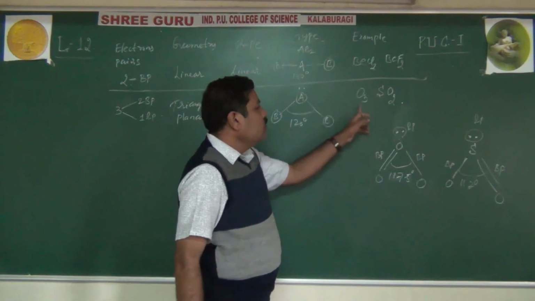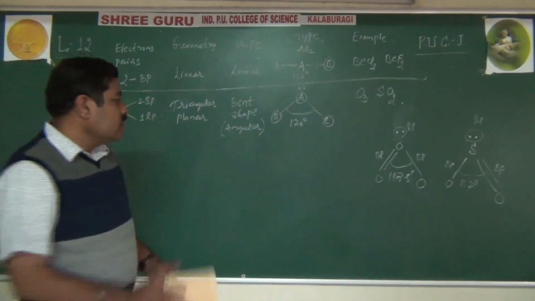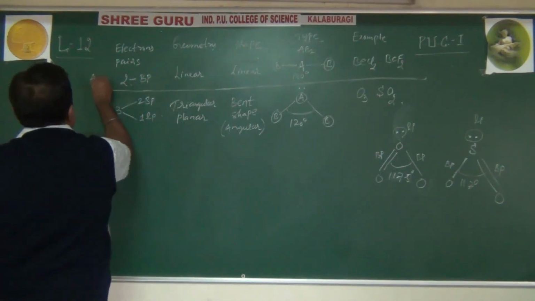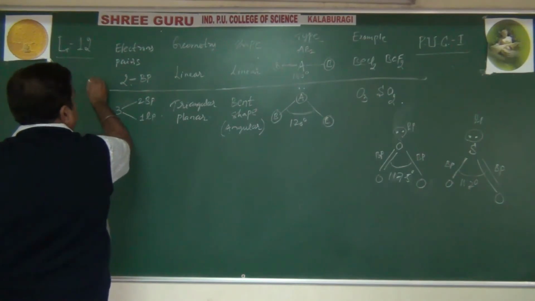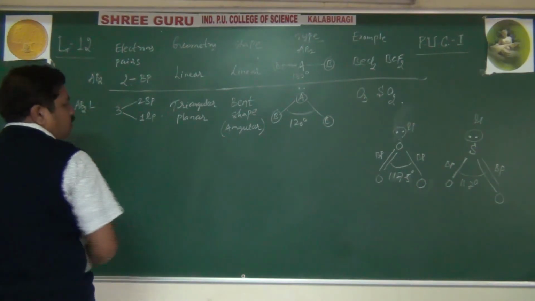Therefore, ozone and SO2 are the best examples. This type of molecule is generally called an AB2 molecule, and this is called AB2L, that means 2 bonding pairs and 1 lone pair.